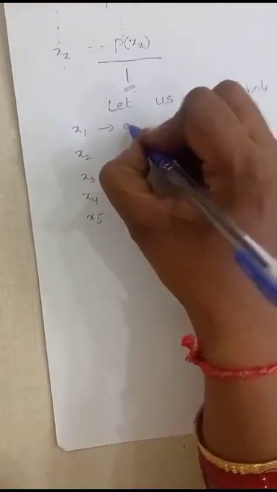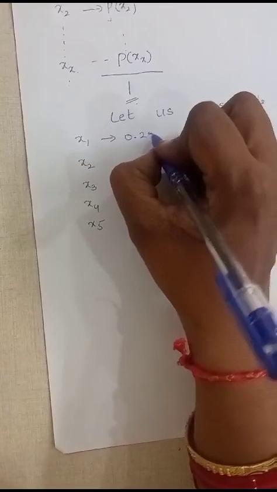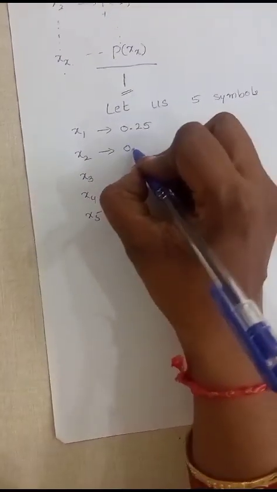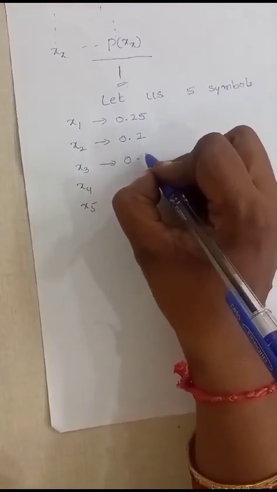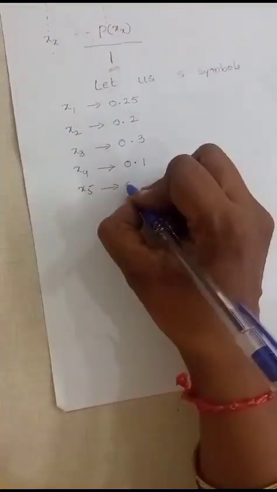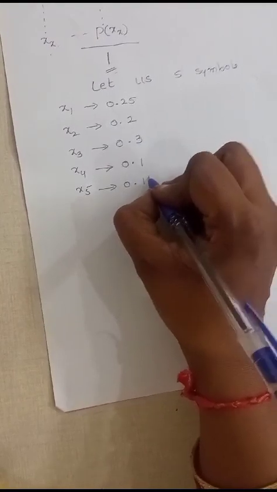And their probabilities: the probability of x1 is 0.25, the probability of x2 is 0.2, the probability of x3 is 0.3, the probability of x4 is 0.1 and the probability of x5 is 0.15.